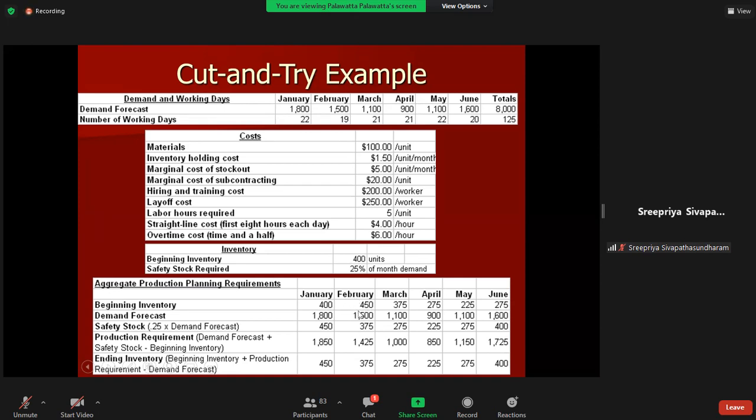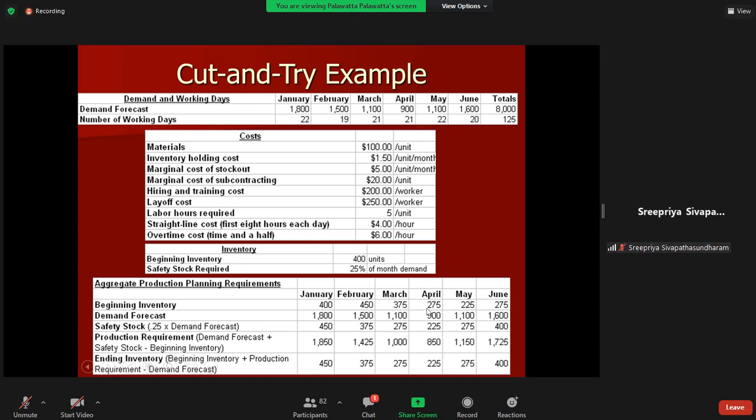In February, safety stock is 1,500 times 0.25, that is 375. And that will be the beginning inventory in March. So the March demand divided by 4, that is 275. Multiplication by 0.25 is equivalent to division by 4. So 1,100 divided by 4, you get 275.